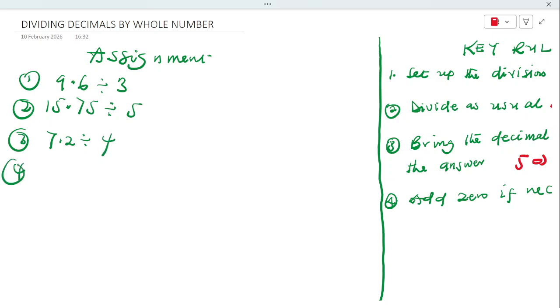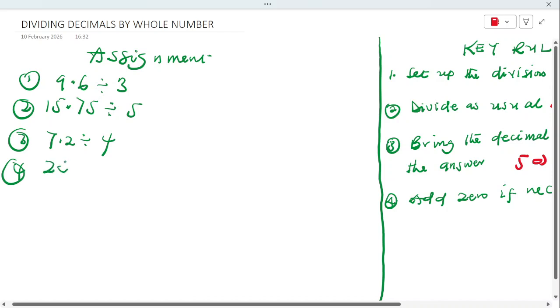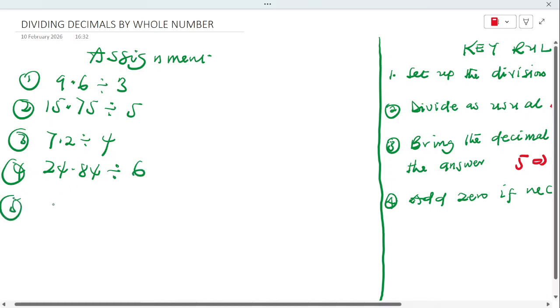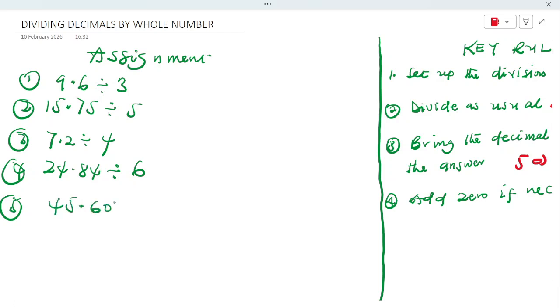Then you have number 4, 24.84 divided by 6. And then finally, you have 45.60 divided by 8.